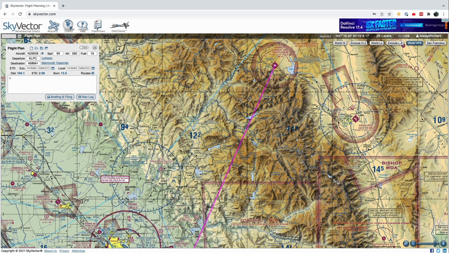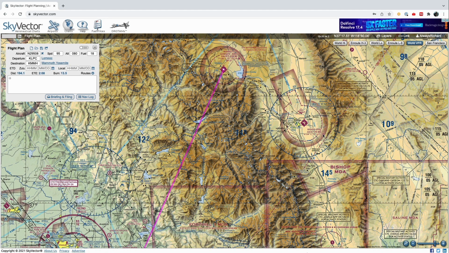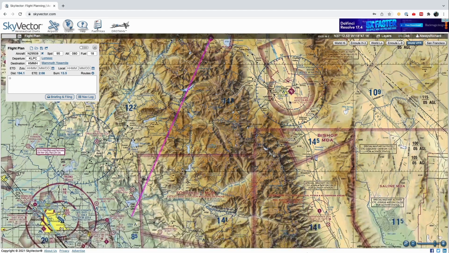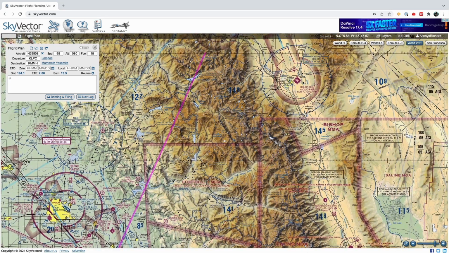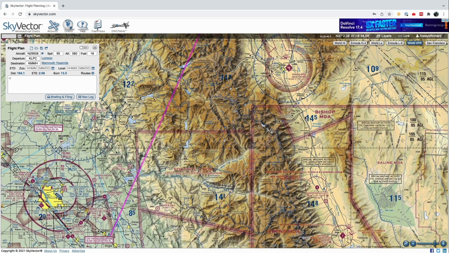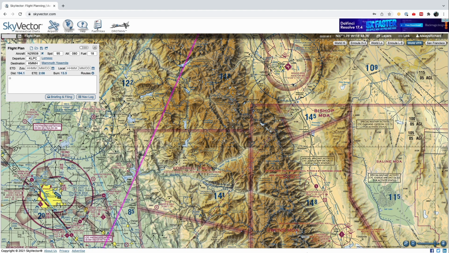So I probably wouldn't take that route, just because I don't like bumping up against altitudes that high anyway. So what I might do is come down this valley. We have to worry about the Bishop MOA, but here we have a runway where the airport height above sea level is 4,124 feet.